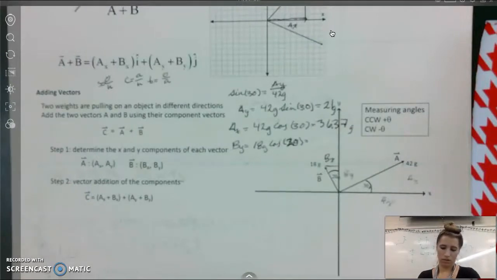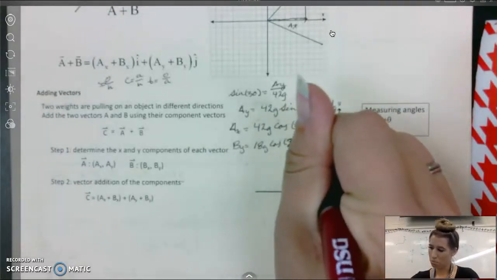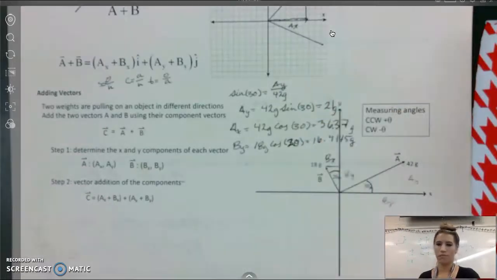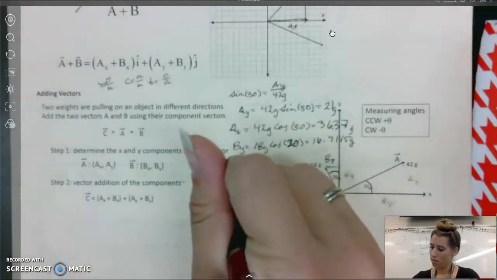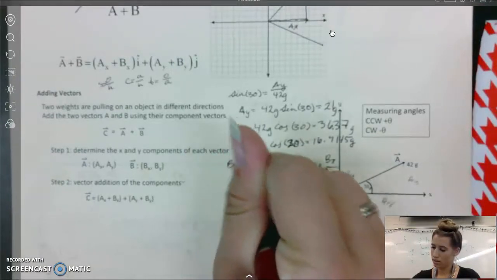So 18 times the cosine 20, and that gives us 16.9145. And then we want our x component here, so that would be B sub x is equal to 18 sine 20.